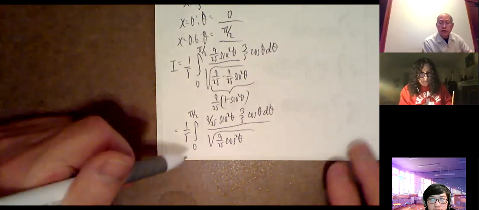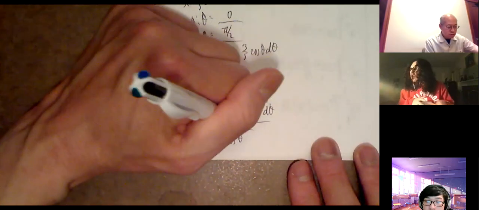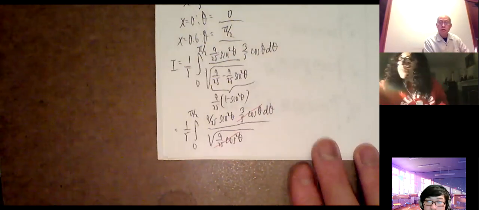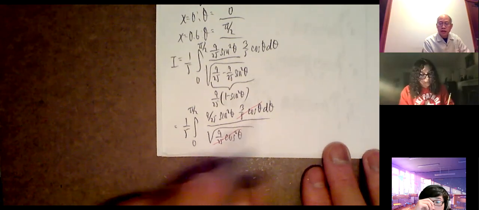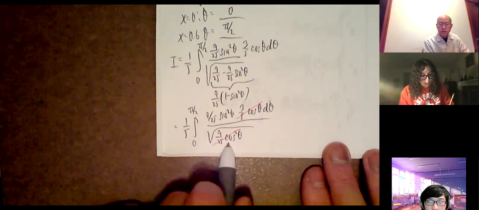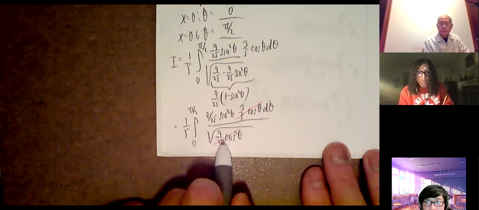Okay, I'm going to see if you can agree with me on this. Three-fifths cosine theta, 3/5 cosine theta. So that's gone.